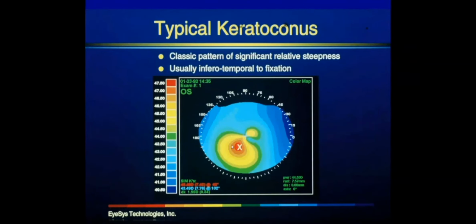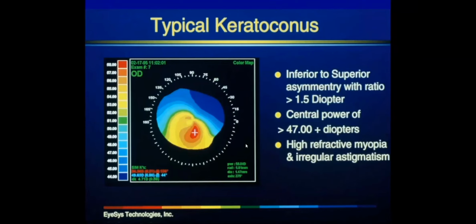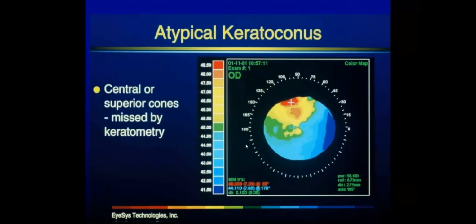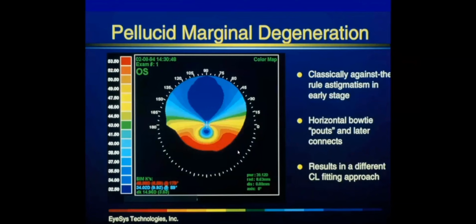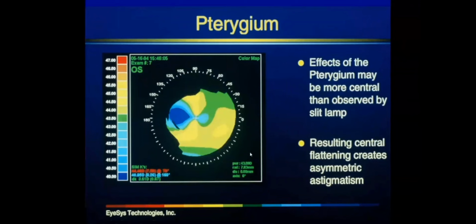This one is what I showed you earlier, keratoconus. And these are some other examples of irregular astigmatism. You see very odd kind of steepening in a specific area, not like a bow tie shape.